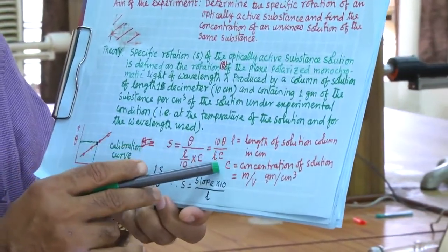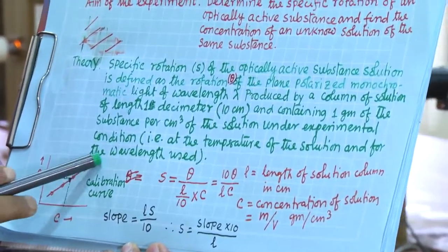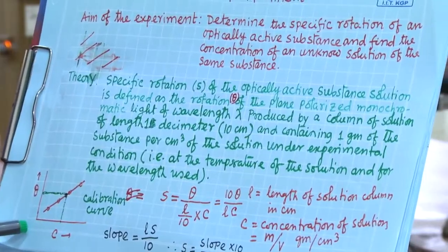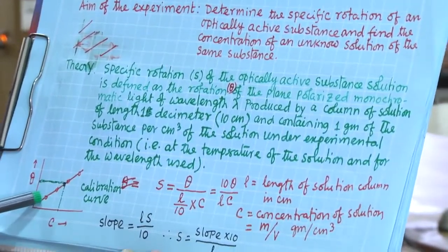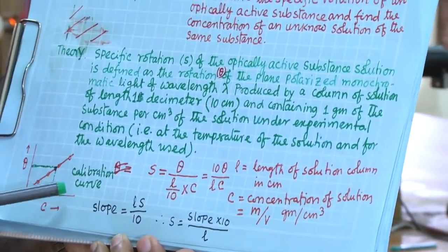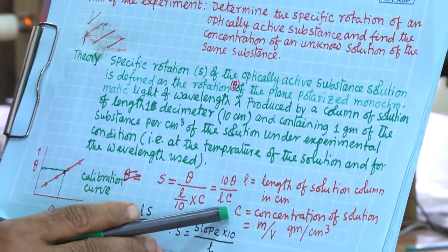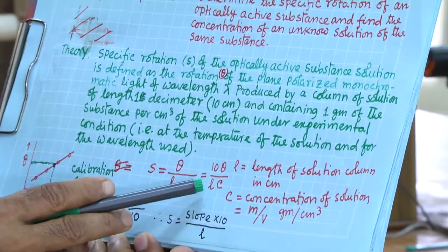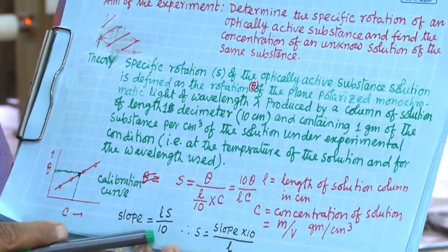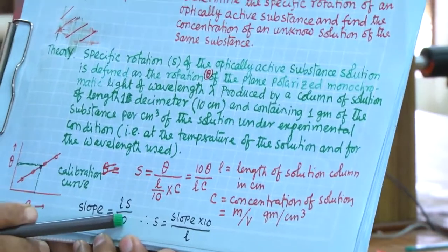So, theta by C we can get, that is nothing but the slope of this graph. You will get a straight line, and the slope of this graph is theta by C. So, theta by C, that slope of the graph, will be L S by 10. So, that slope we can find out from this graph.